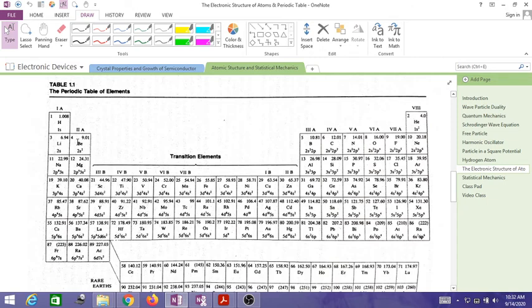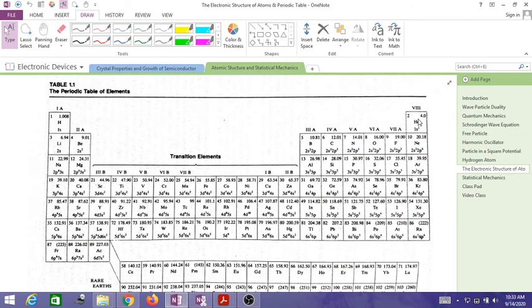Similarly, when we go horizontally, we have 7 periods: period 1, 2, 3, 4, 5, 6 and 7. As we progress horizontally, the atomic number keeps increasing linearly. Here the atomic number is 1, then 2, and here the 1s shell is completely filled, which is why it is represented as 1s squared. So helium is completely filled and is an inert gas, meaning it does not react chemically.